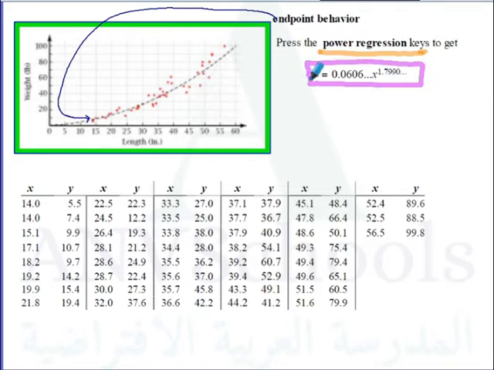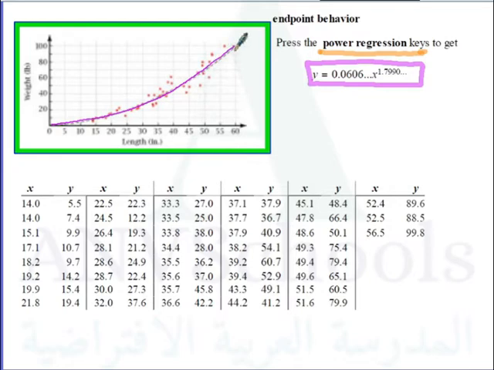y is equal to 0.0606 x raised to 1.7990. Now, are we convinced that this is indeed a power regression? Based on the regression curve for the power function, it fits the scattering of the data perfectly.